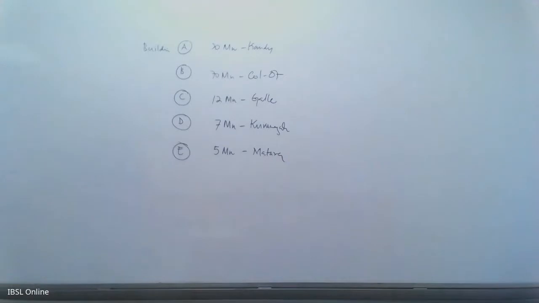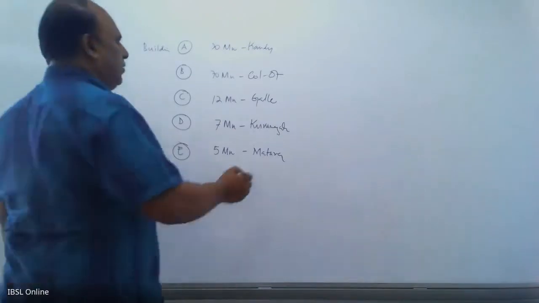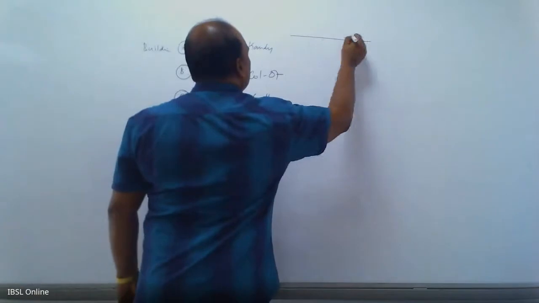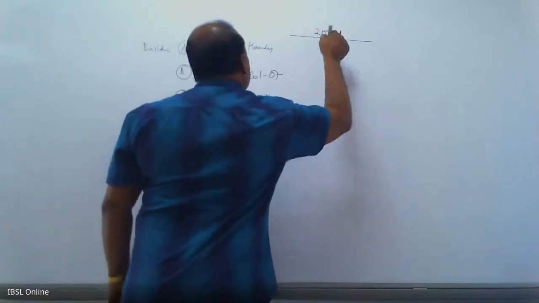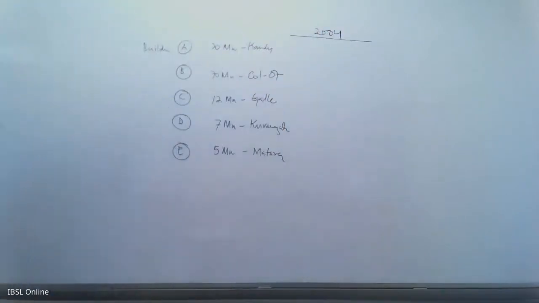Now I'm going to take you back in a time machine. Let's assume we go back to 2004. I believe that most of you know what happened in 2004. What happened in 2004?